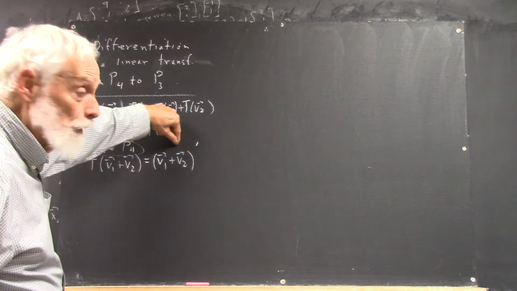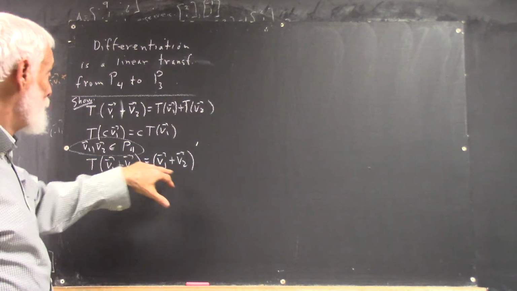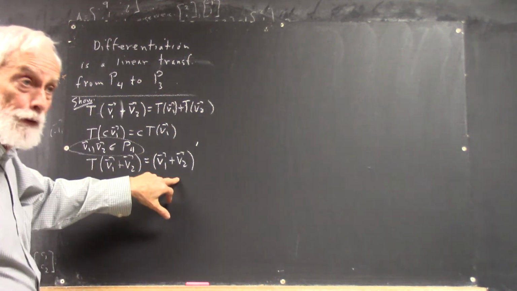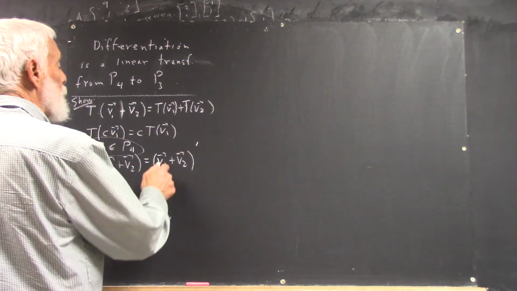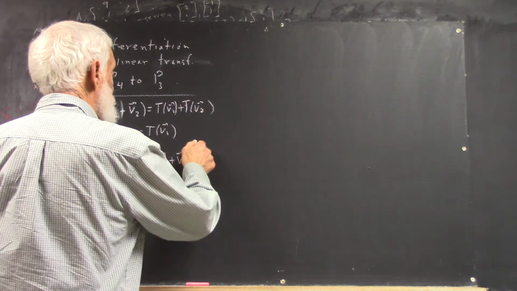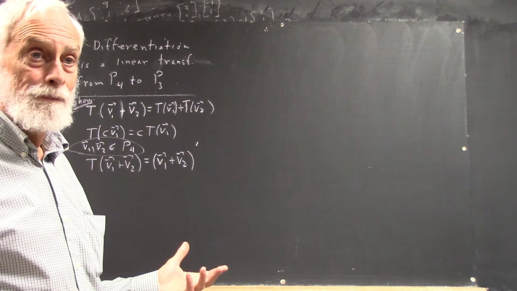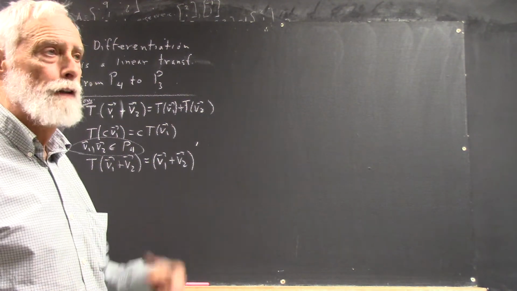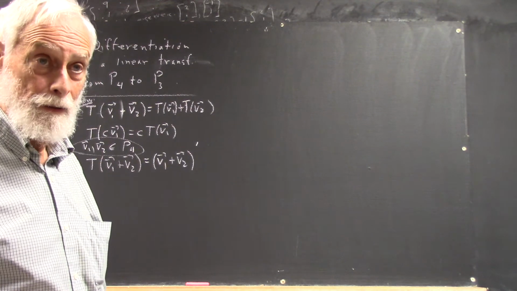Okay. V1 plus V2 prime. We understand that the transformation of any vector is the derivative of that vector, the transformed value. Well, what do you know about V1 plus V2 prime? If I ask you to find the derivative of e to the x plus the cosine of x, how are you going to do that?